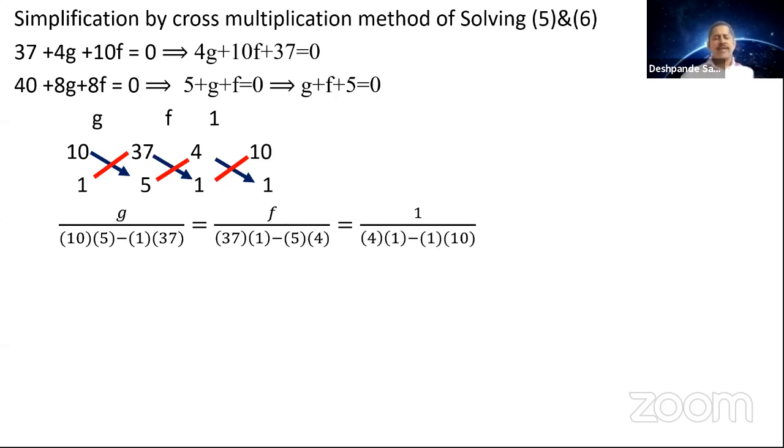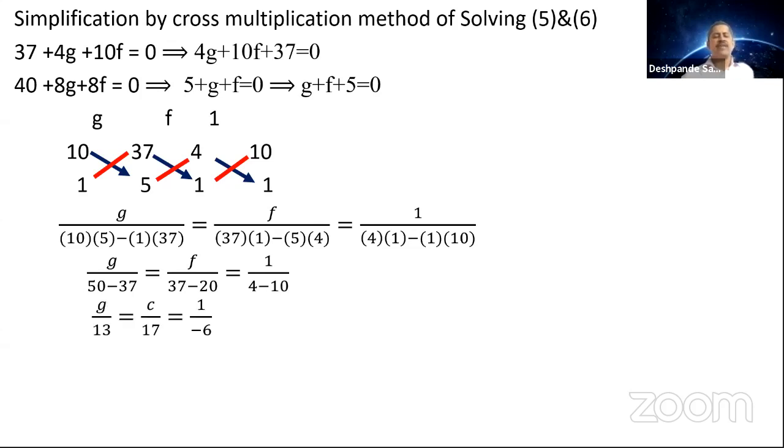So 10 into 5 is 50, 1 into 37 is 37. So g divided by 50 minus 37. Likewise, f divided by 37 into 1 is 37 minus 5 into 4 is 20, is equal to 1 divided by 4 minus 10. So 50 minus 37 is 13, 37 minus 20 is 17, and 4 minus 10 is minus 6.